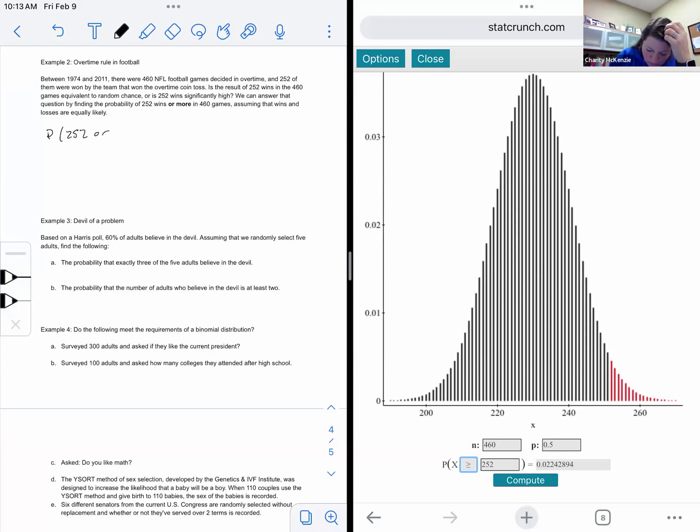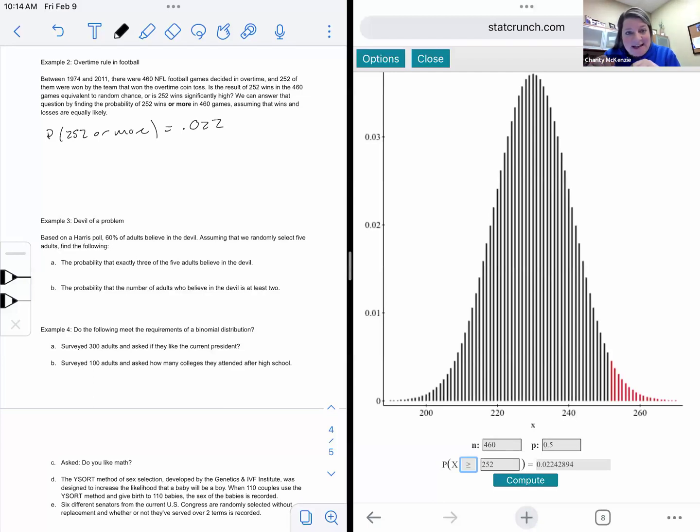Okay, so up here on your note packet, you're going to put the probability of 252 or more, right? That's what we did, is equal to 0.022-ish. Okay, so what does that tell us? It tells us that that is in that really high range, below the 5%, right? It's in that significantly high range.